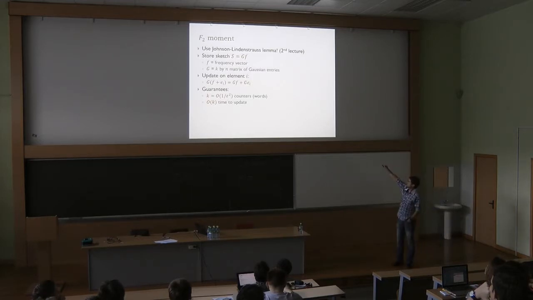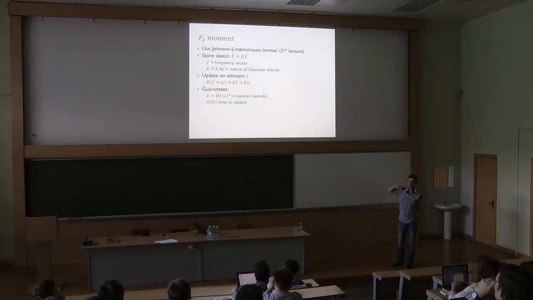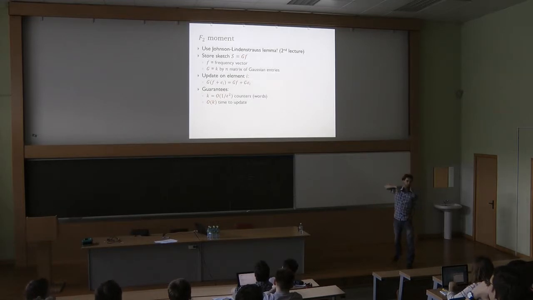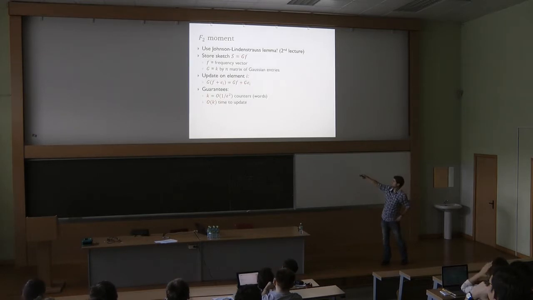The sketch will be: f is the frequency vector and G is this projection matrix, a k by n matrix of Gaussian entries, or it's okay if it's plus or minus ones. And this is the sketch. We think of k as being very small, something like 1 over epsilon squared to get a 1 plus epsilon approximation. So the sketch is really small, essentially a constant number of counters.